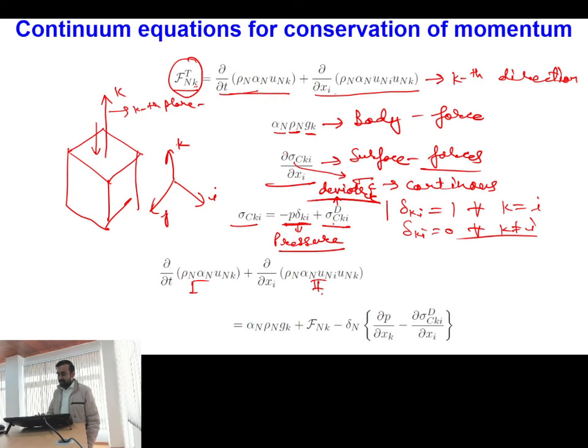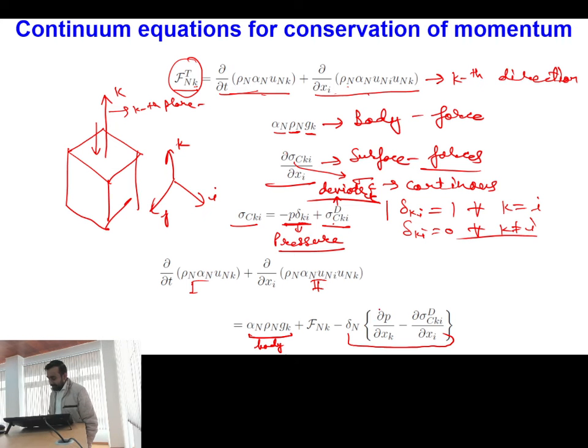These two terms are taken as they are from the first equation, and in place of F and Tk, I have written this first term, which is my body force. Then I have written another term. What is this term? Del P by del X K. This is the pressure gradient in the kth direction.